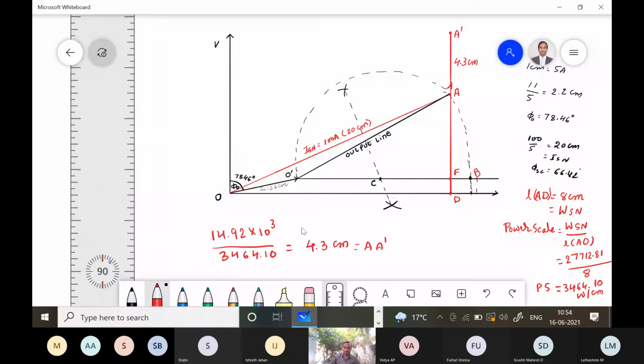Okay, so now we need to calculate the location of point E. The location of point E is exactly half of AD.